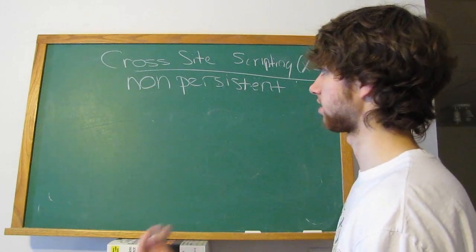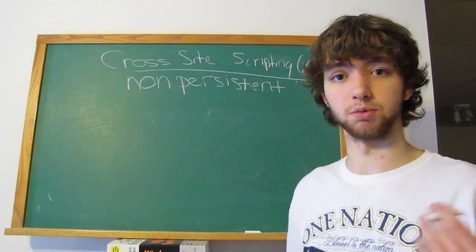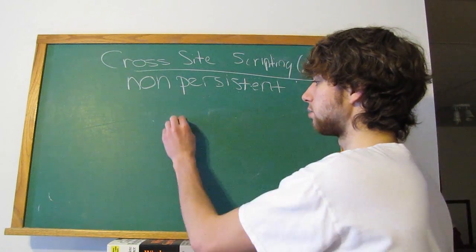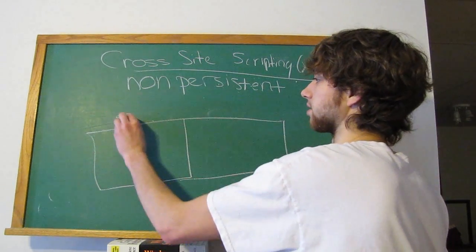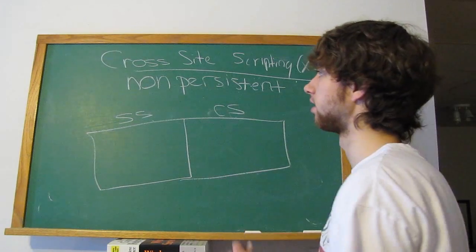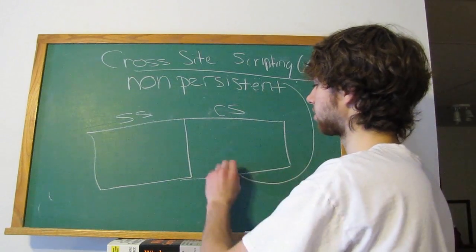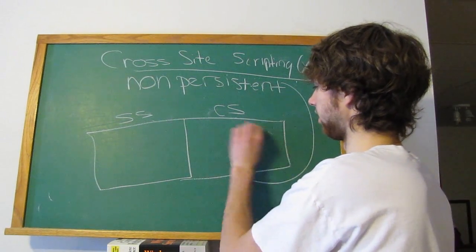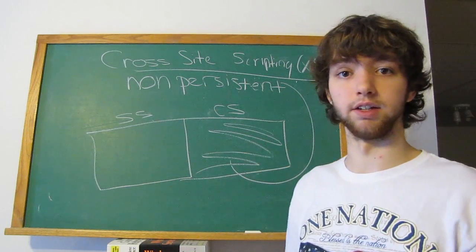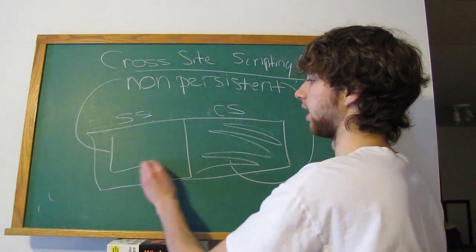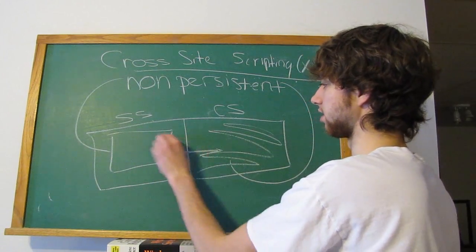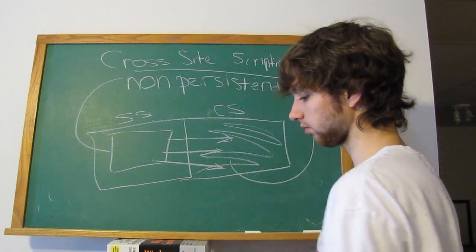So that is an example of a non-persistent attack. It's a one-time thing. So if we go back to our little box here, this is the server side, this is the client side. The non-persistent is only going to modify the client side information. Nothing is being sent to a database, which then gets constantly sent to other people.